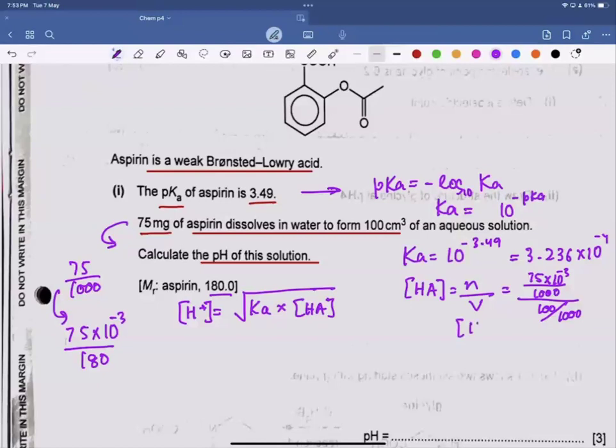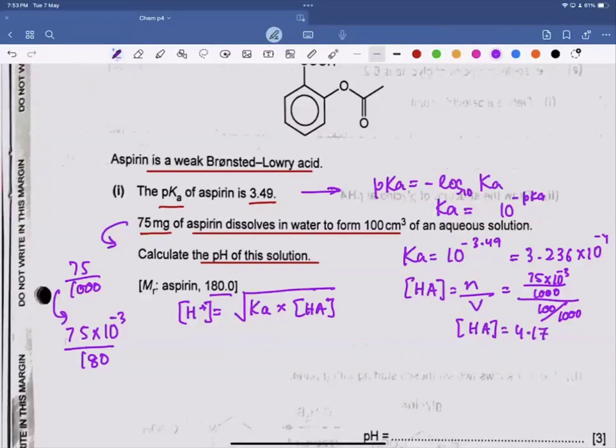What value of acid concentration are we getting? 4.17 exponent minus 3.